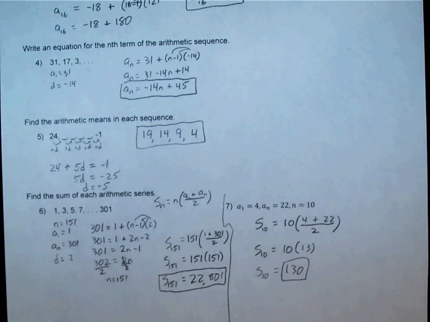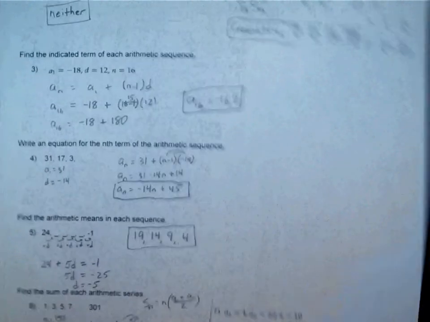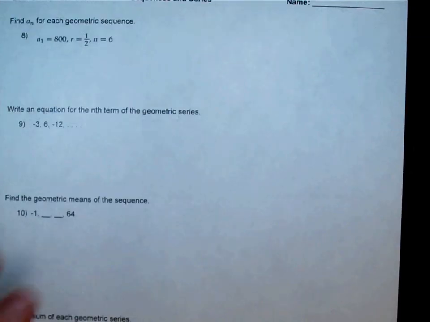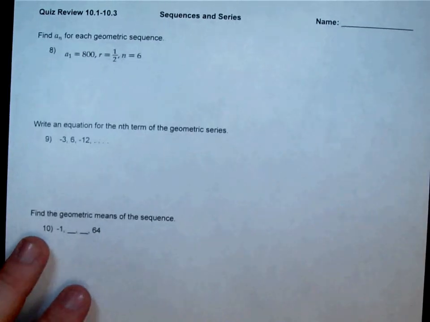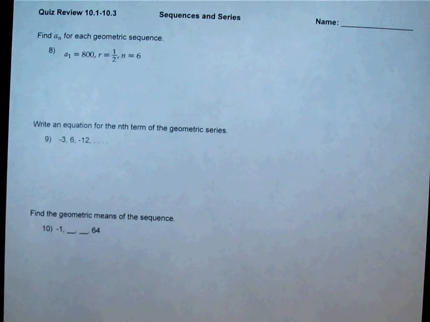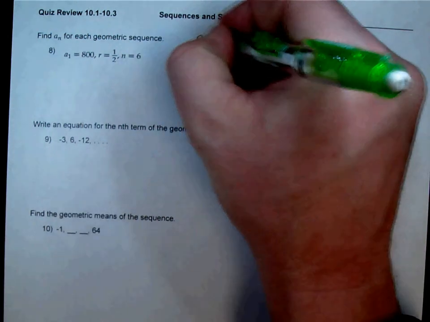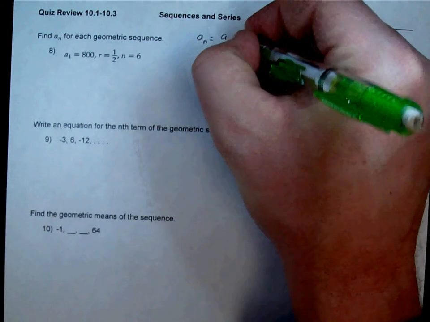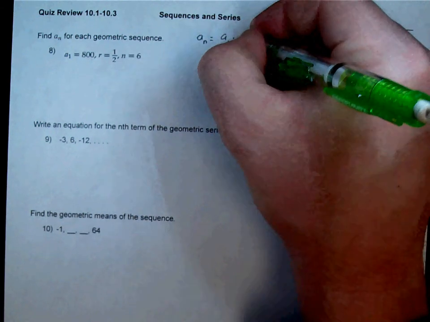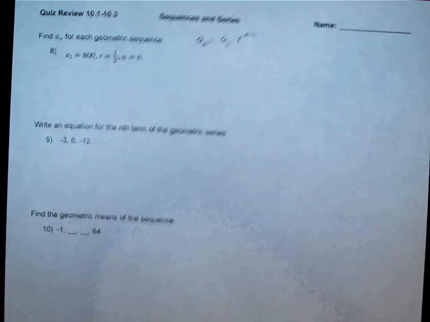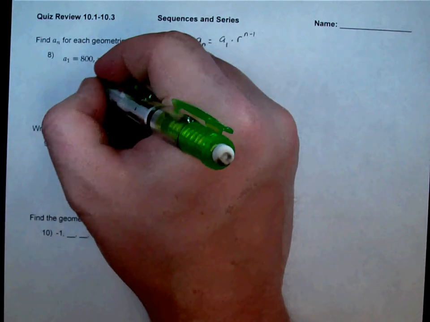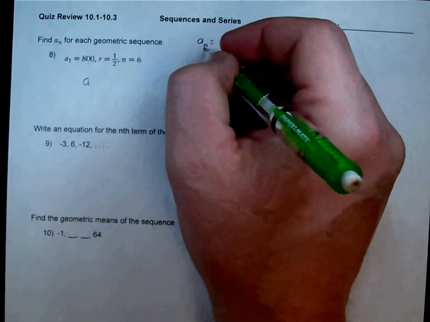Now we go to the back page, which I believe is our geometric sequences. Find a sub n. So we've got a formula. I'll write it up here. A sub 1 times r to the n minus 1. So we just plug into that formula. So we know the subscript, we know the 6.